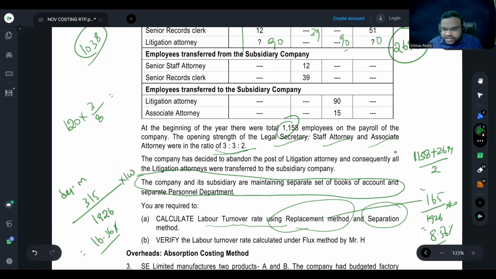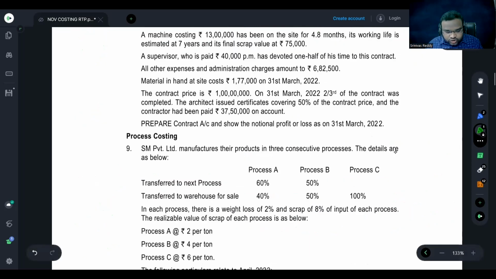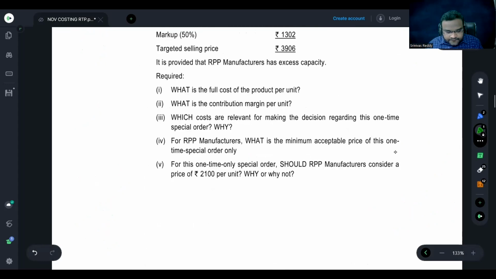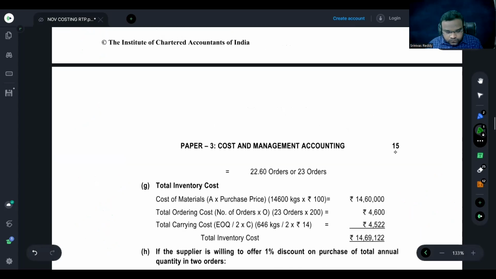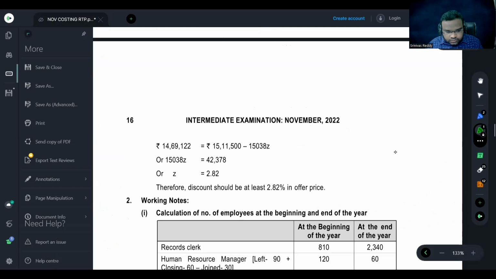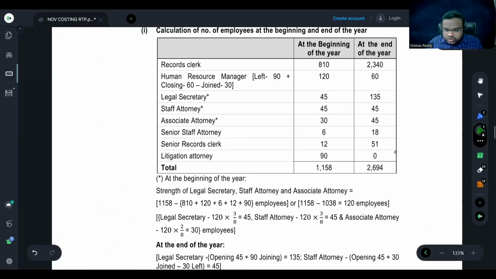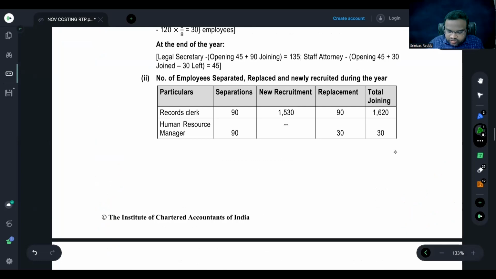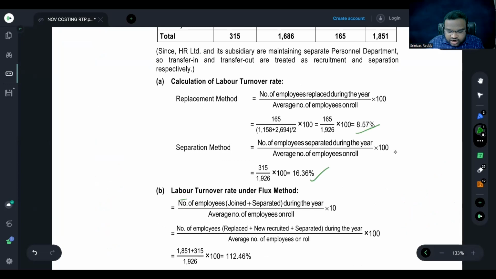Now we need to work out under the flex method. So we have worked out both, 8.57 and 16.6. Now labor turnover rate under the flex method is based on joinings, replaced, recruited, and separated.